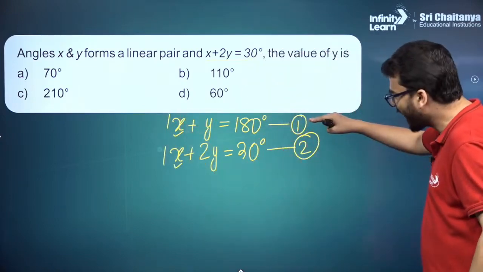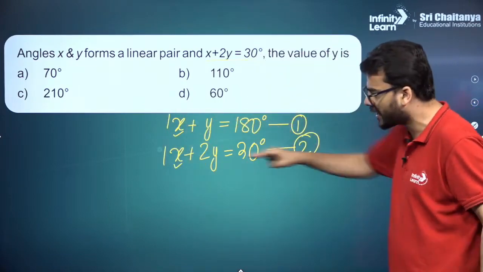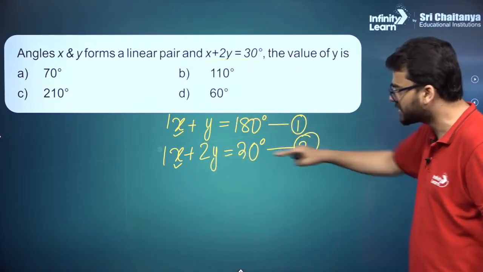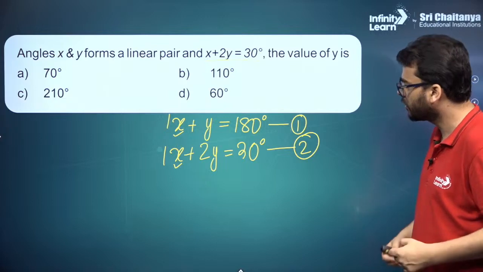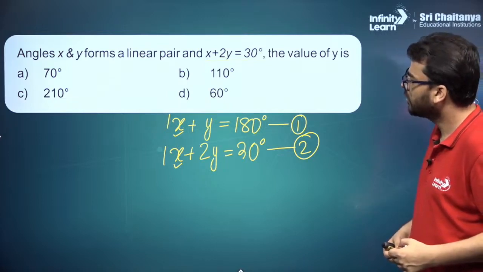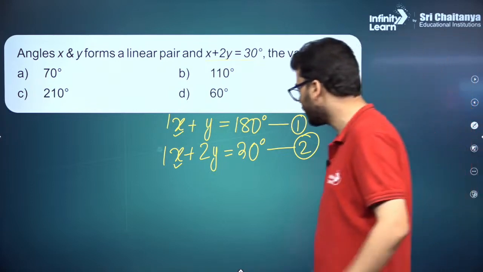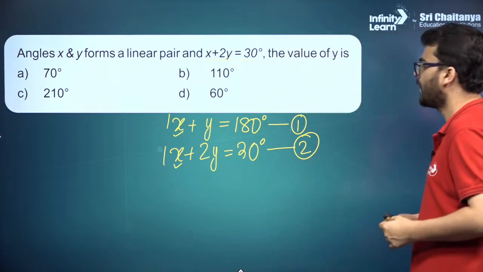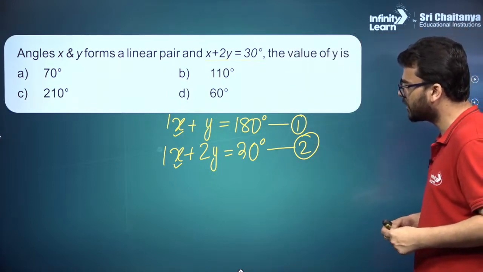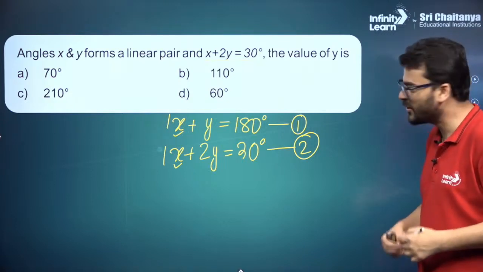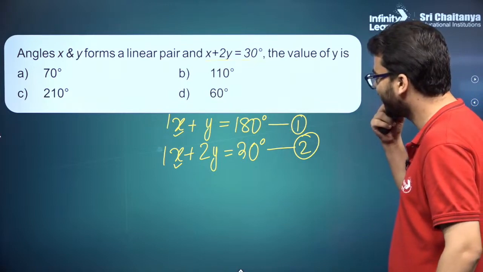So can I subtract the first equation from the second equation easily? I can subtract the first equation from the second equation easily over here. Okay, give me some seconds. You have to find the value of y, right? I think there is some mistake in the values in the question because y is coming out to be negative over here actually.